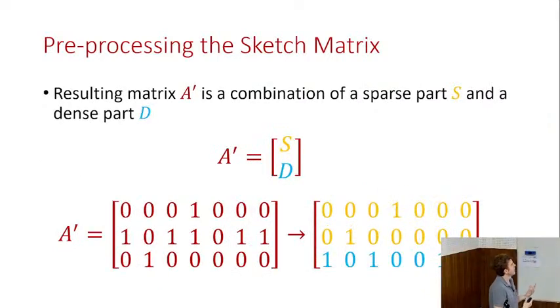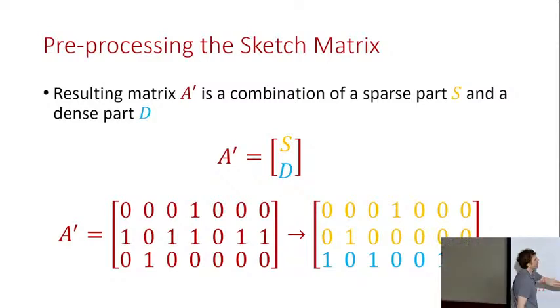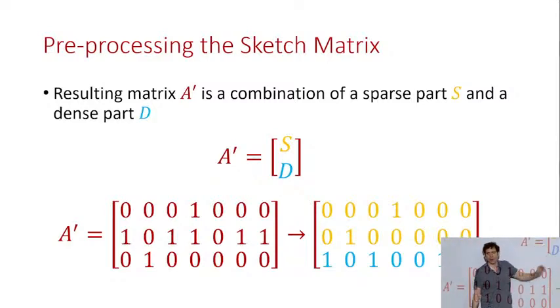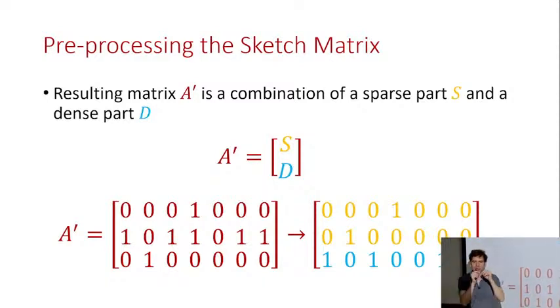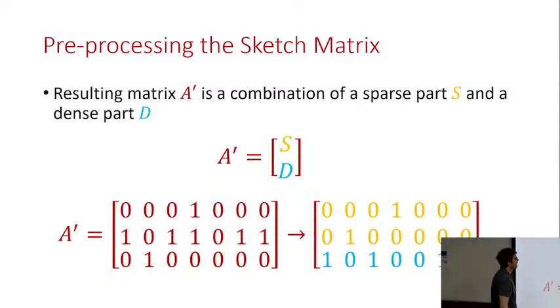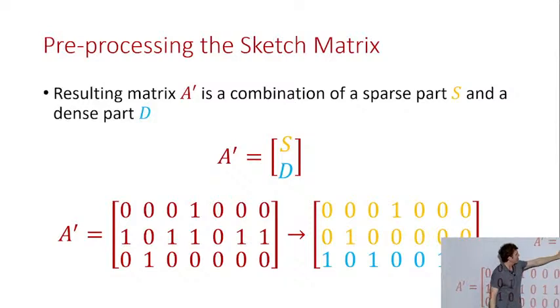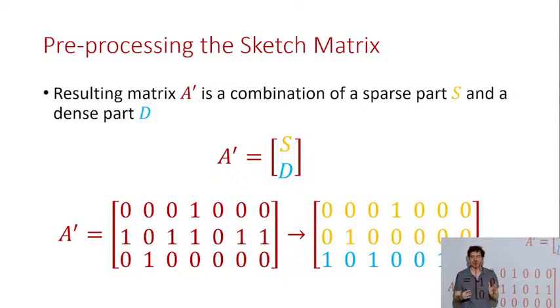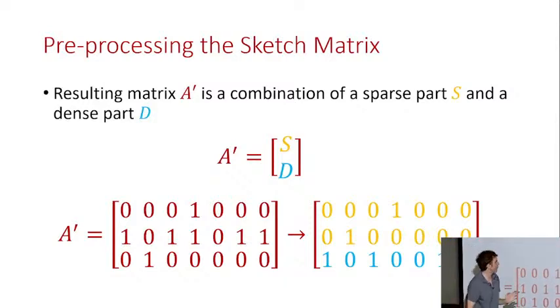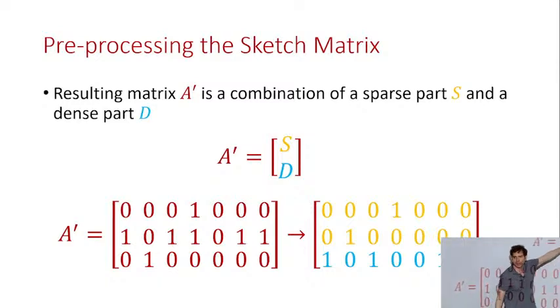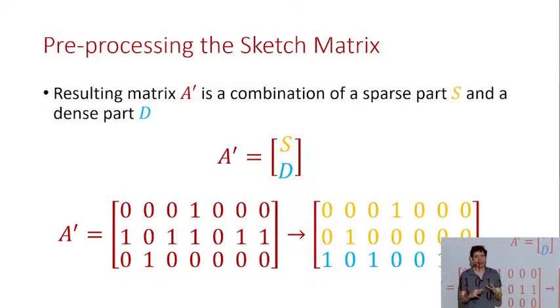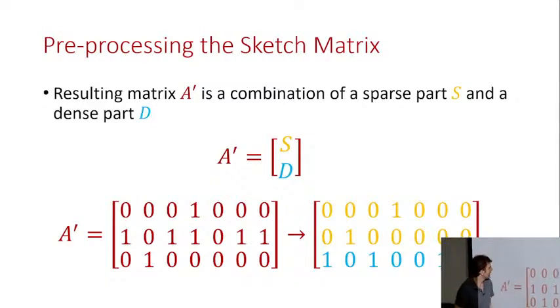In general, the resulting matrix A prime after the preprocessing is going to have a sparse part, S, where all the entries are standard unit vectors, and a dense part, D, where there's no coordinate that's significant. So all the significant coordinates are going to be in the sparse part. That's the preprocessing that we would like.